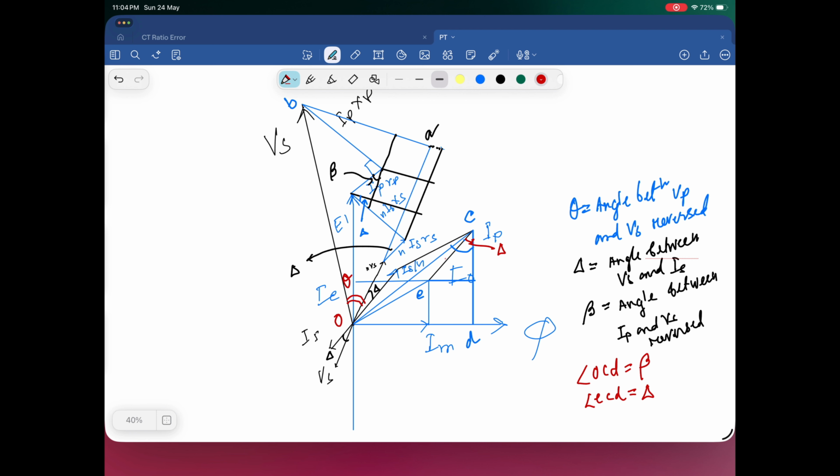The angle between IP and VS reverse. After that, what we will do, see this point, OA line, I am dividing it as 5 segments: OF, FG, GH, HI and IA, and individually I need the values.